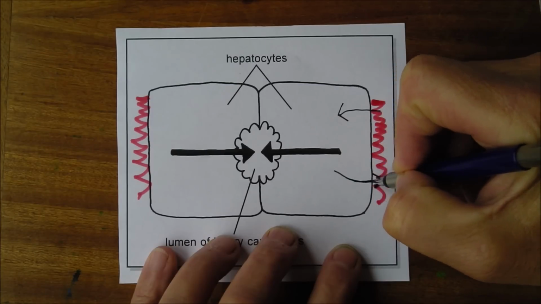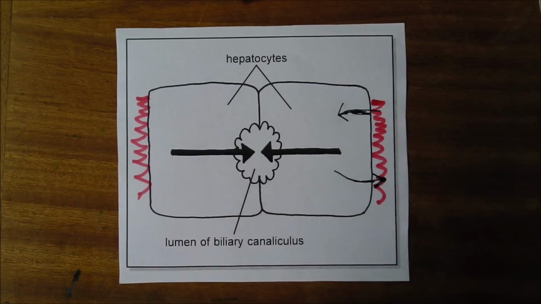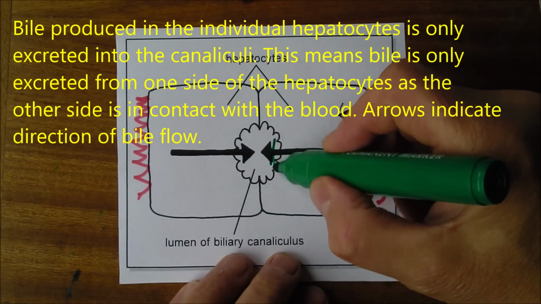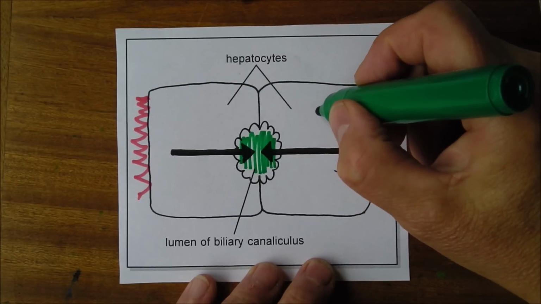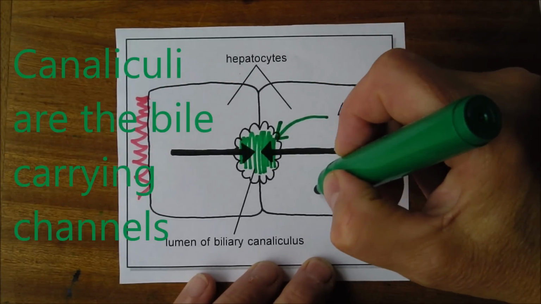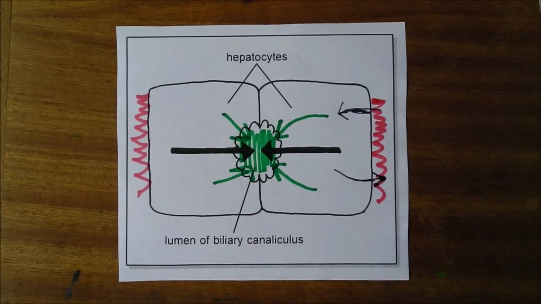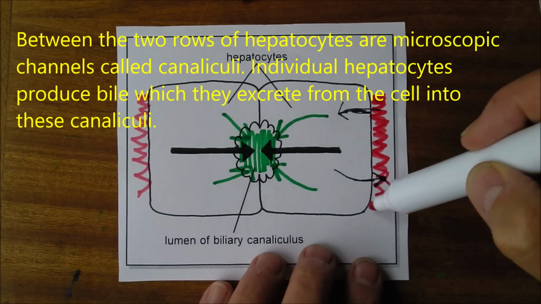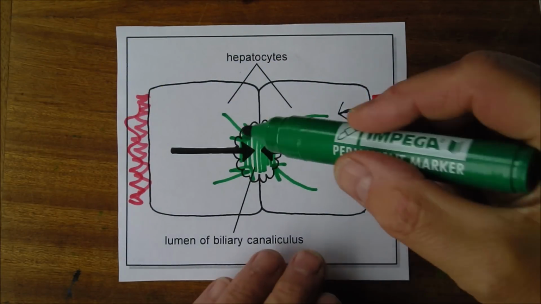But the bilirubin and the other components of the bile, which are also produced in the liver cells, are going to be excreted out of the other side of the hepatocyte into a bile channel, a canaliculus in the middle. So the bile is produced here and goes into the canaliculi. So what we see is that the hepatocytes have a blood facing side and a bile facing side.